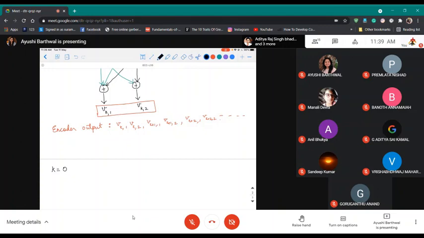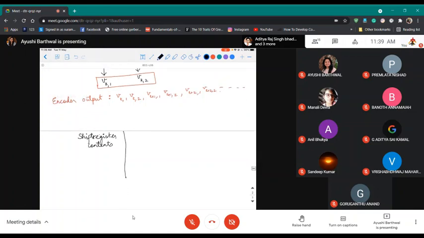So at k equal to 0, we are going to represent the shift register contents, and on the basis of that we will represent the outputs VK1 and VK2.